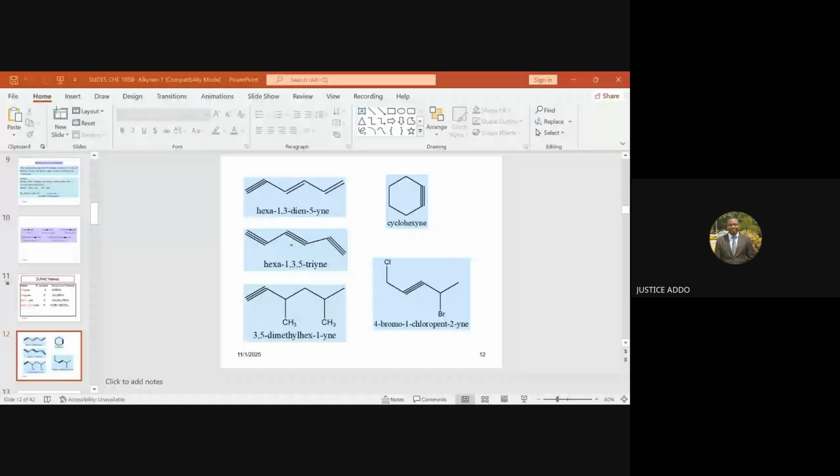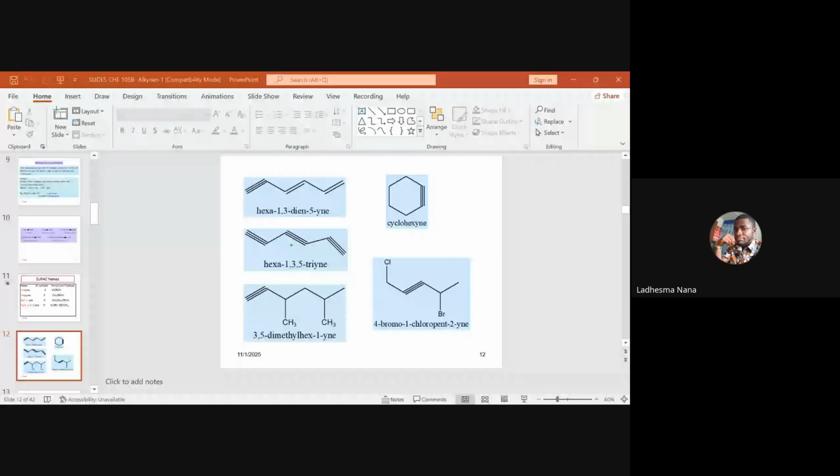Any other question? Please, yes, sir. Okay, go ahead. When you look at the second structure, that is cyclohexyne. Yes. Cyclo is a ring structure. It indicates a ring structure. And when you look at a ring structure, we have a 6 carbon ring. Yes.